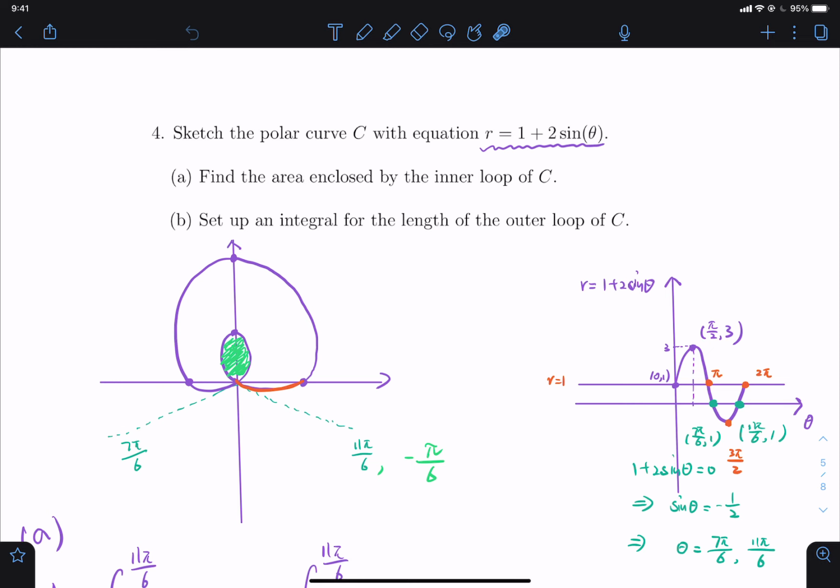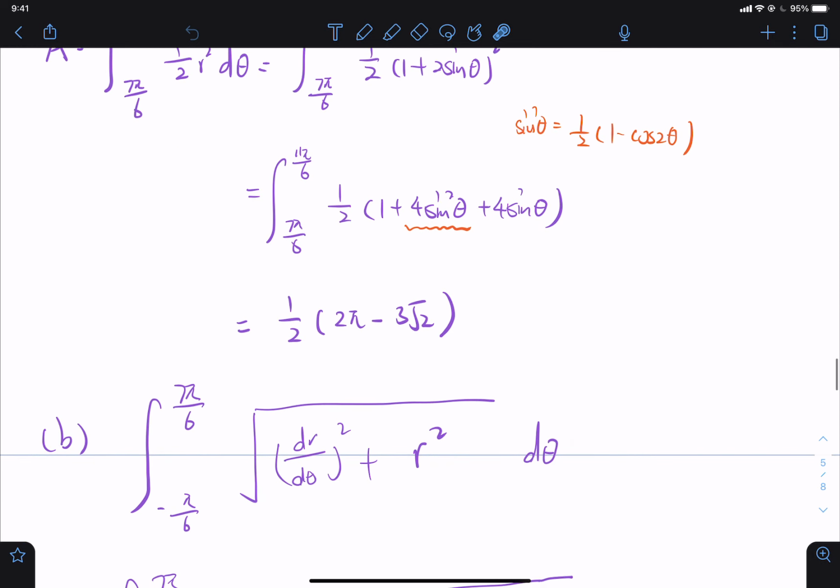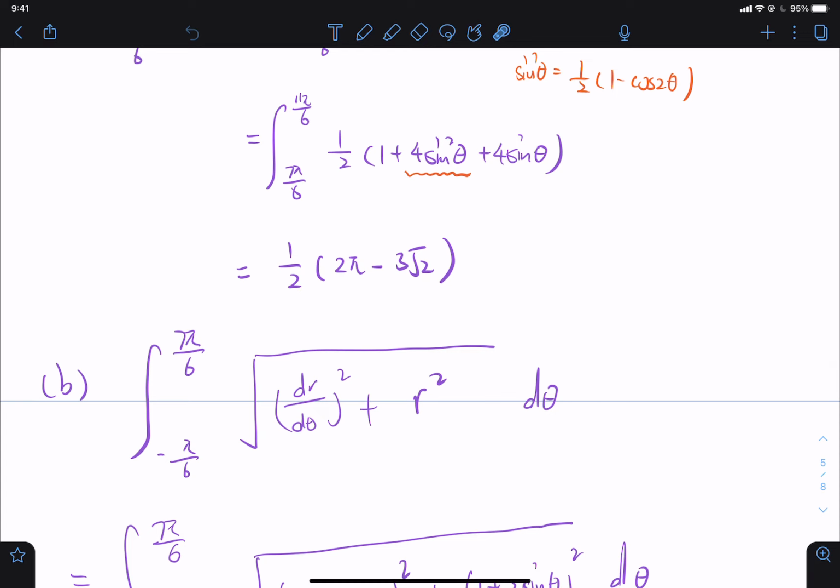Okay, so you can choose that period as well if you don't like negative values. So just to clarify, you don't have to choose this lower bound. You can choose 11 pi over 6 as your lower bound, but your upper bound will become 7 pi over 6 plus 2 pi. Okay, so that is just the range.